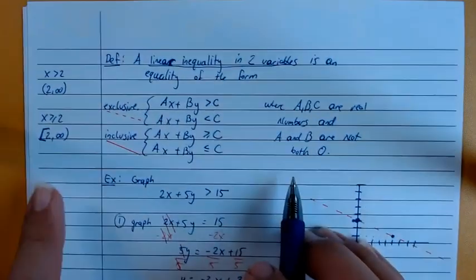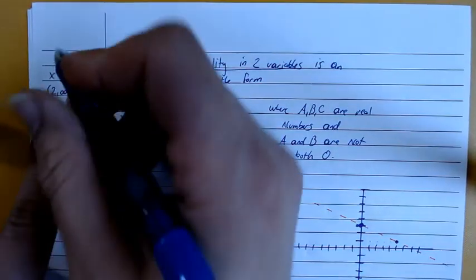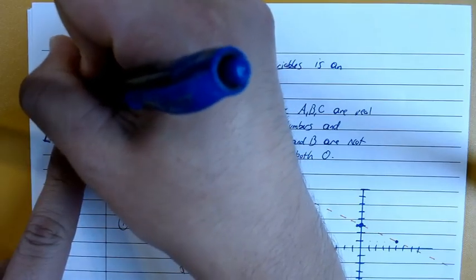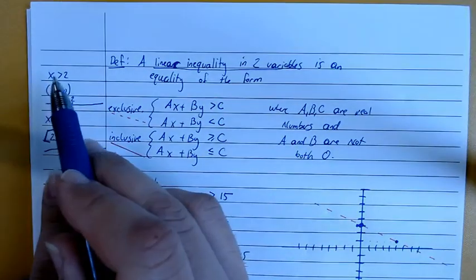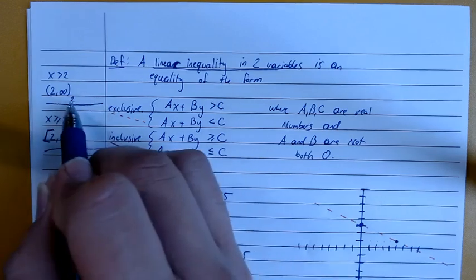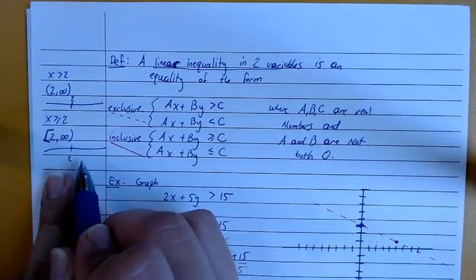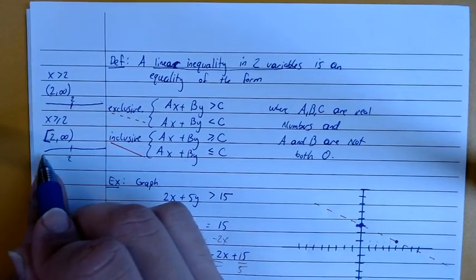Because remember, with an inequality in one variable, if you have x equal to 2, on the number line, that's the number 2. But then depending on where your inequality is pointed, if it's greater than, you go to the right, and if it's less than, you go to the left.